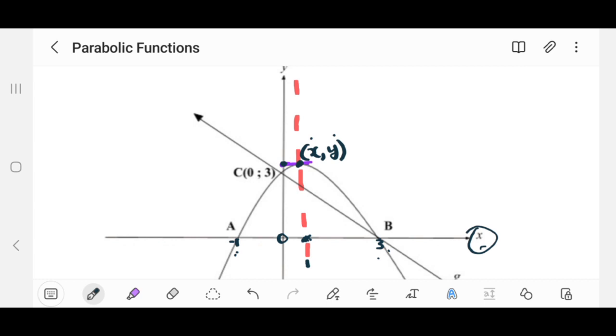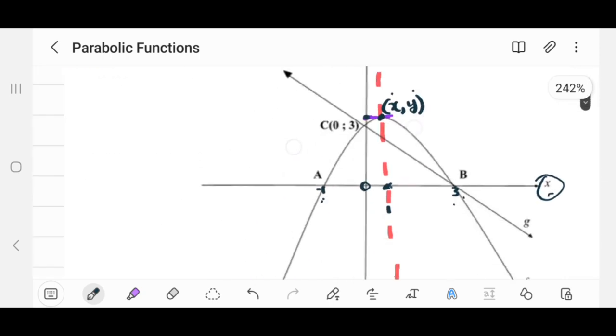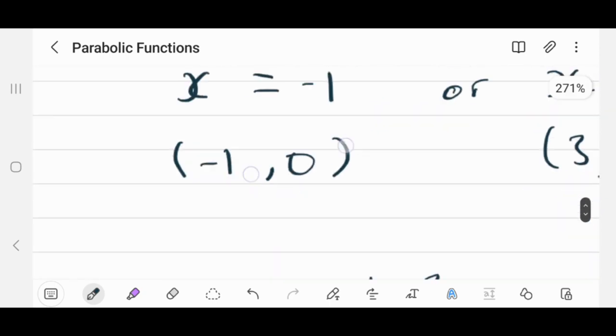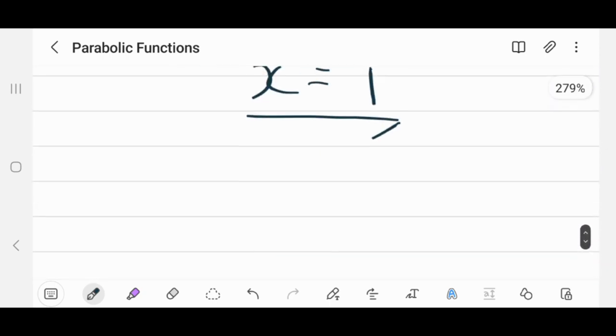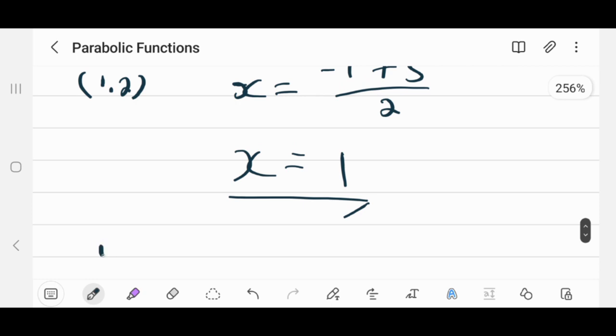How do I find the output? I put the input into the equation. So what I'm going to do now, we are on 1.3.